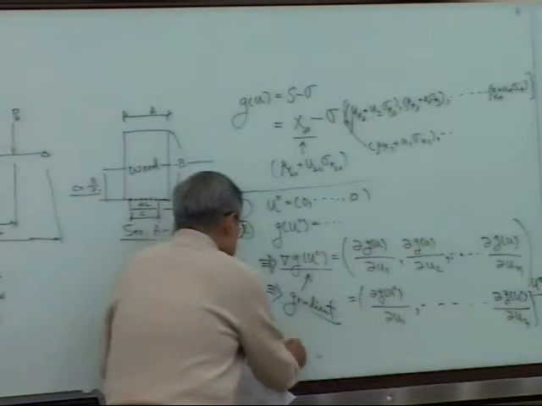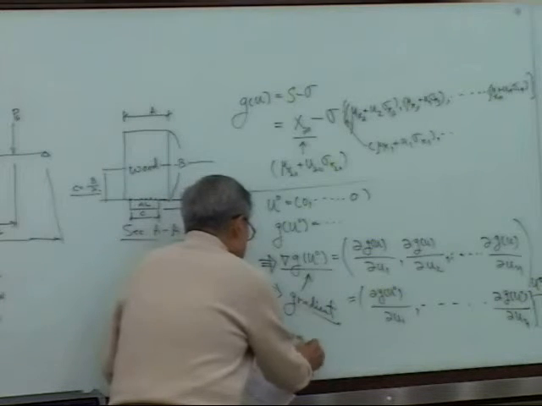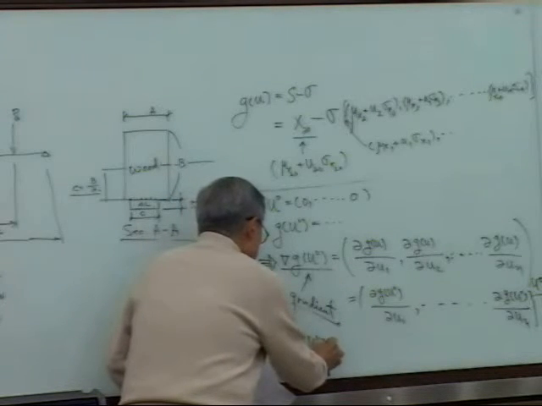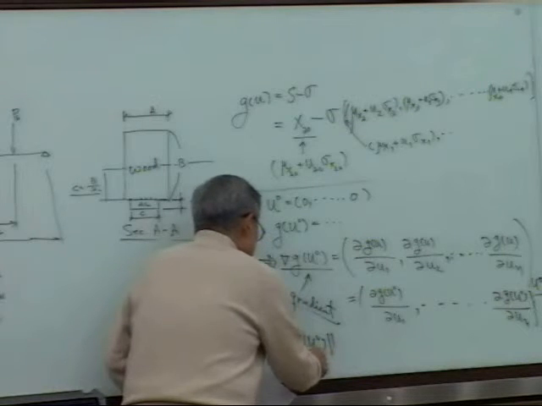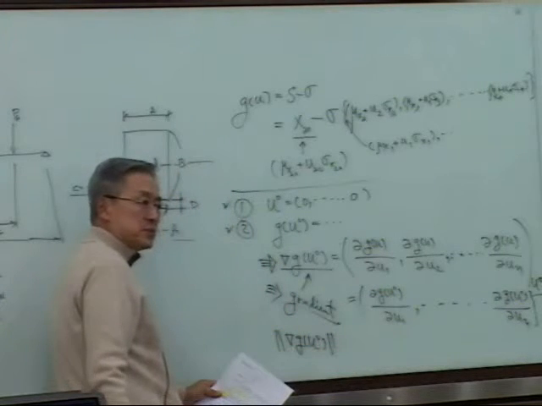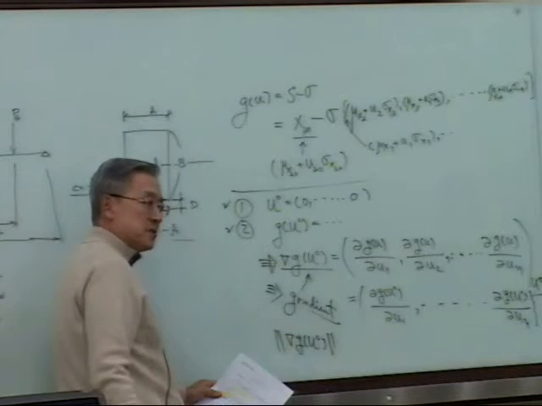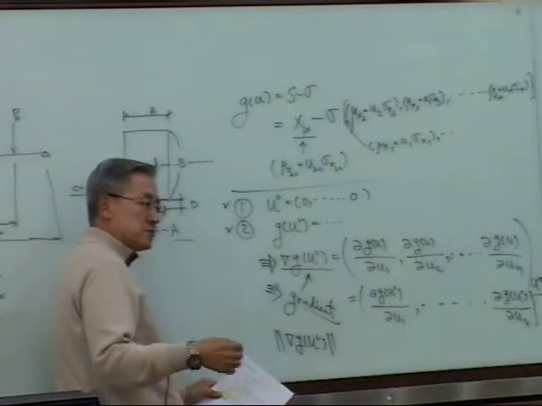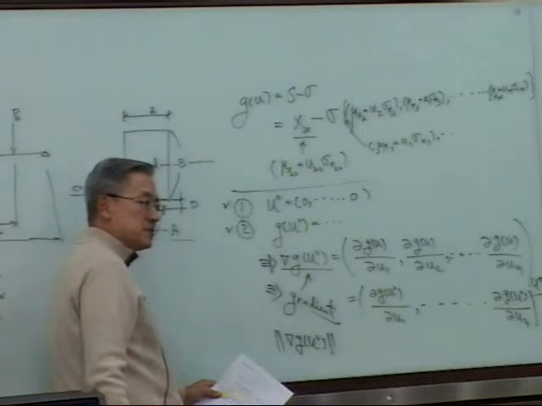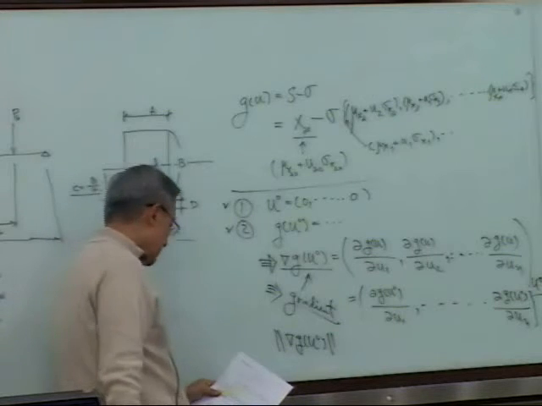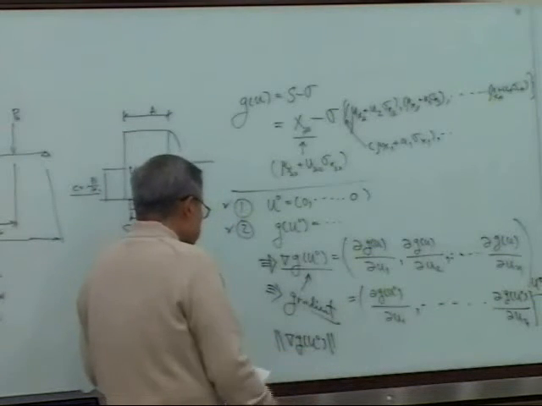Next step is the norm of this guy. Norm is pretty easy: square root of the square of each component, add them all up together. This is no problem.